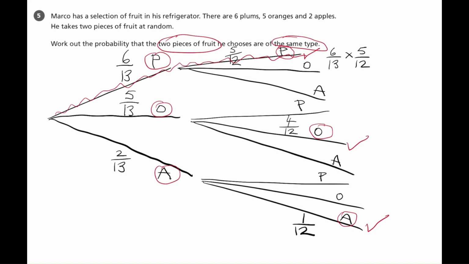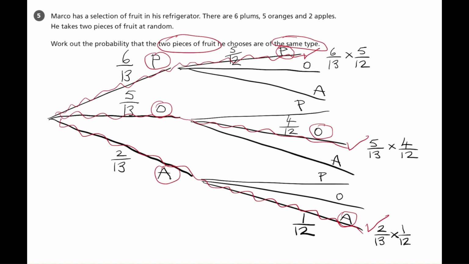The next route takes us along orange, orange, again multiplying 5 out of 13 multiplied by 4 out of 12. And finally, the apple route, we multiply 2 out of 13 multiplied by 1 out of 12.